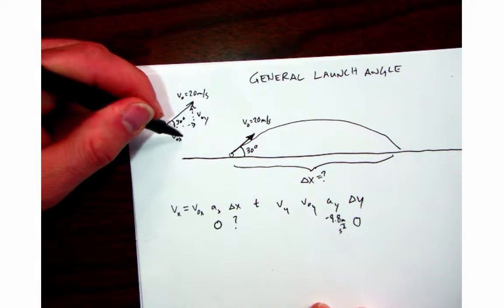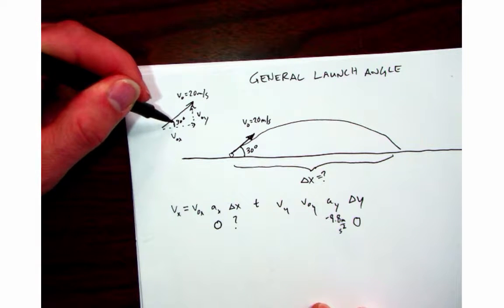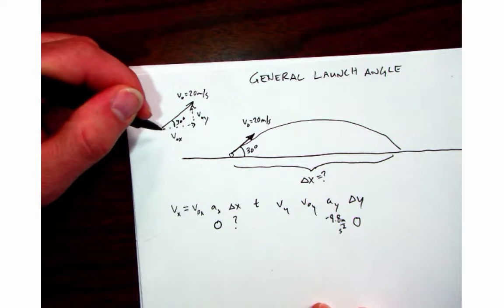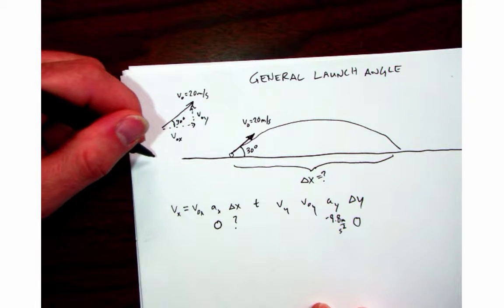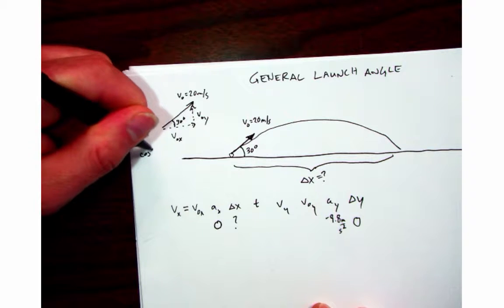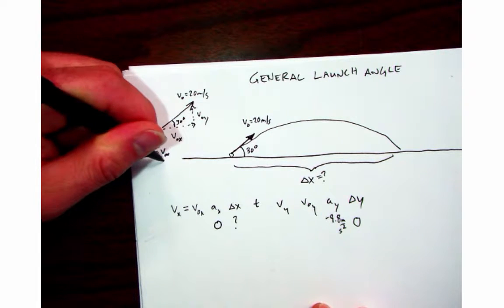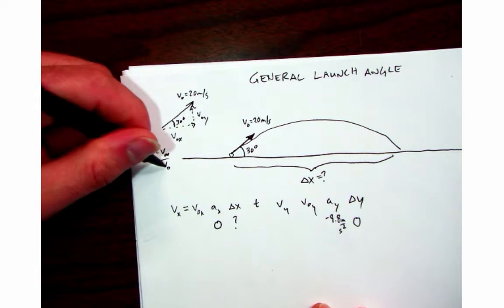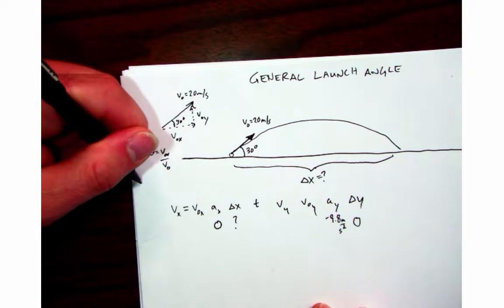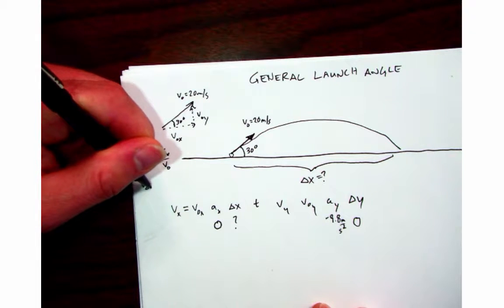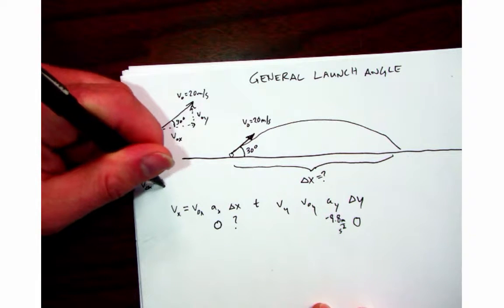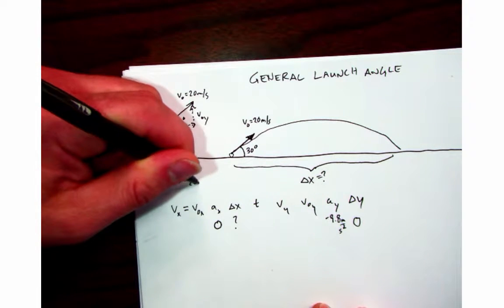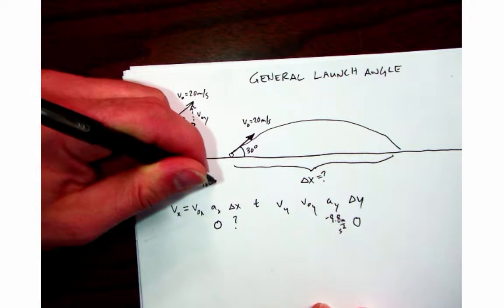So v naught x is the adjacent side to that angle, and 20 is the hypotenuse, which means I'm going to use cosine. The cosine of theta equals v naught x over v naught, adjacent over hypotenuse. If I multiply both sides by v naught, I get v naught x equals v naught times the cosine of theta, and that's going to be 20 meters per second times the cosine of 30.